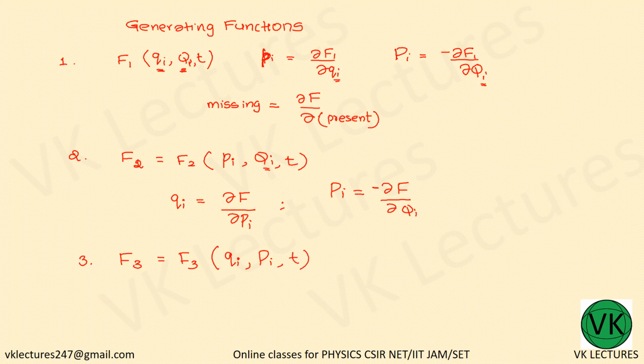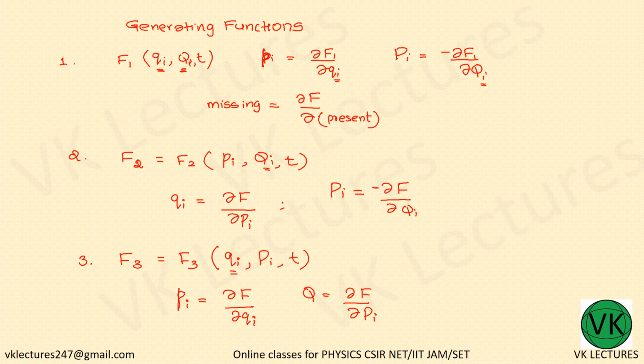Now what is missing here? Small qi is there, small pi is missing. Pi is equal to dou f by dou qi. Alright, now we have capital Q missing, so capital Q is equal to dou f by dou pi.